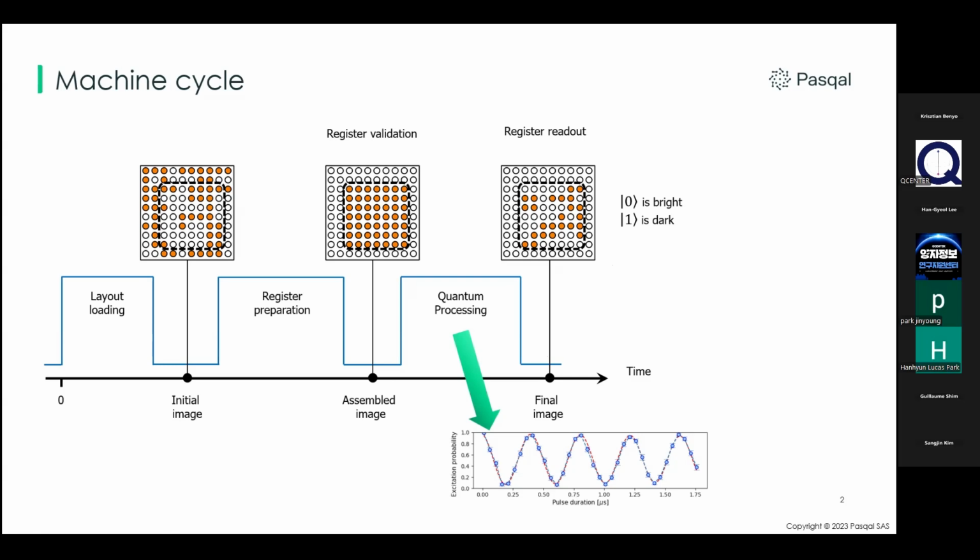Therefore, we can read out a one correspondence to it, contrary to the zero information that you would obtain from atoms that are still present in the trap. Of course, this, much like with any other quantum computer, is a trace of what actually happens with the quantum system.